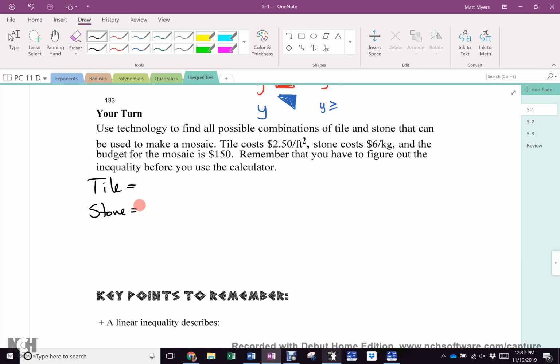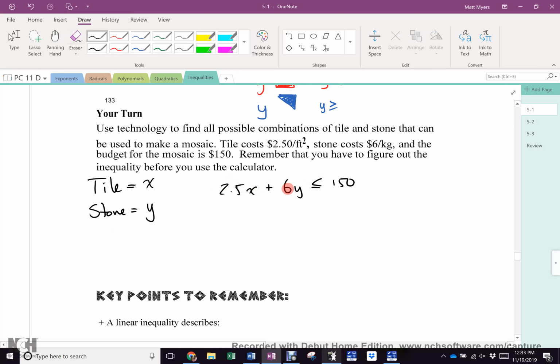Because 150, right? 2.5x plus 6y has to be less than or equal to 150, right? If you make that 6, then when you divide this, it works perfectly.